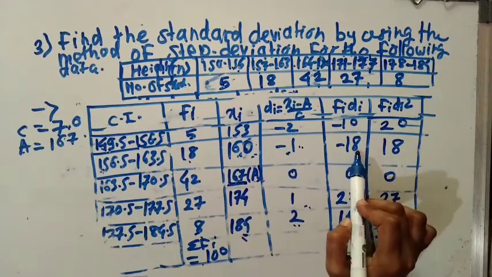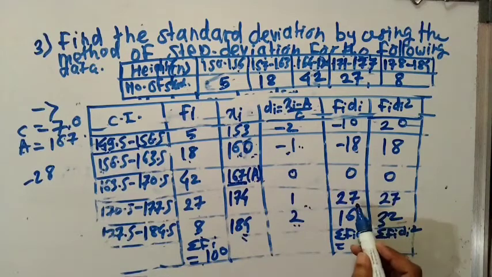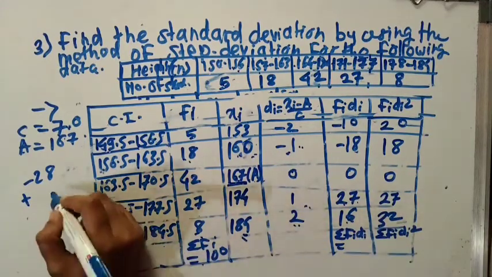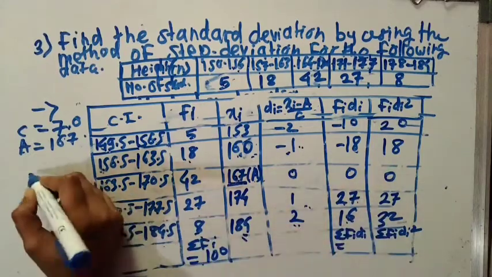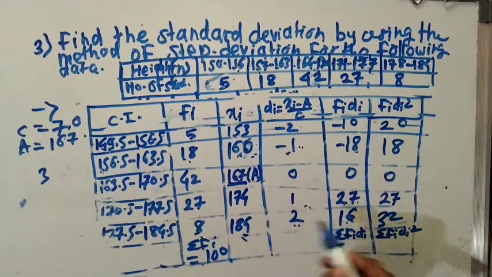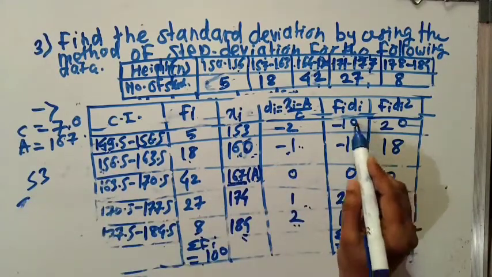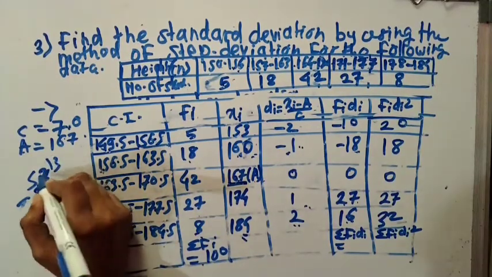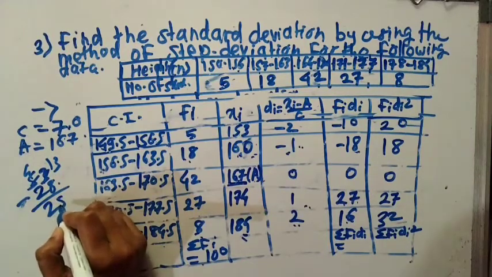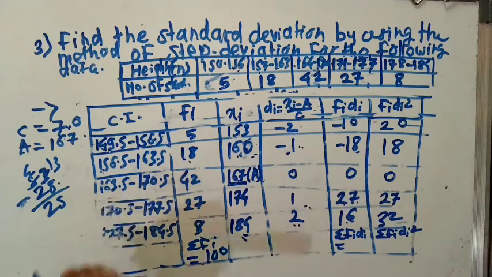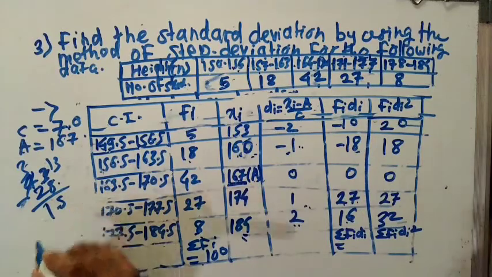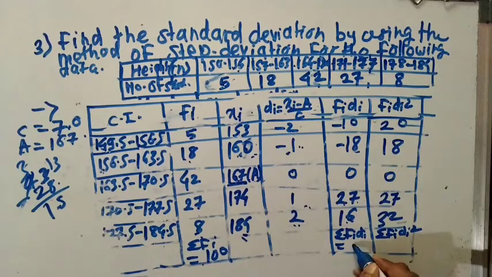Minus 10 plus minus 18 is minus 28, and 27 plus 16 is 43, 43 minus 28 is 15.